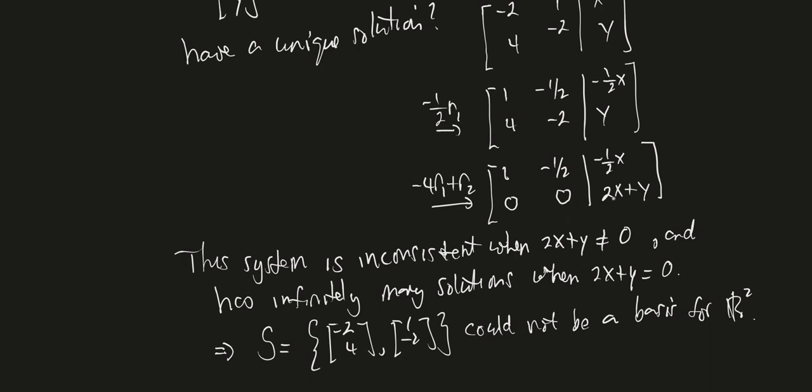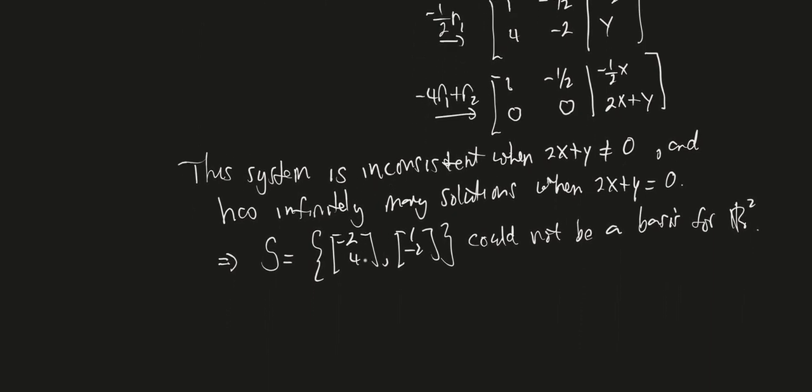And this up here shows me that they do not span all of R2. The only vectors in R2 that can be generated are the ones where 2x plus y is equal to 0. If it's anything but 2x plus y equals 0, then the system is going to be inconsistent.